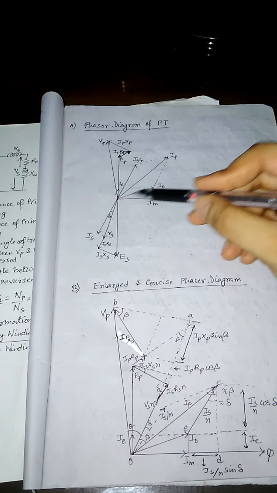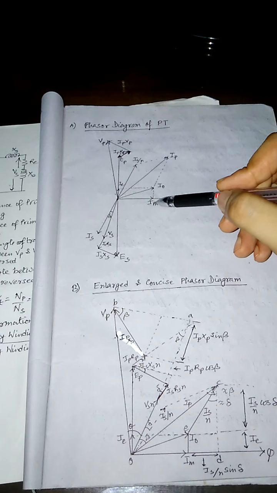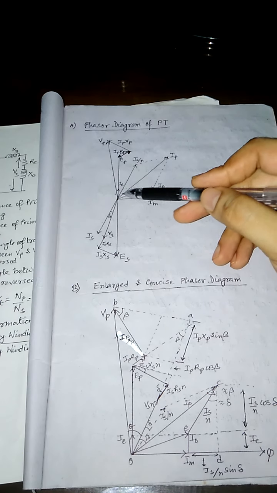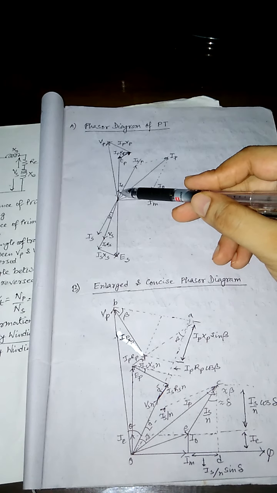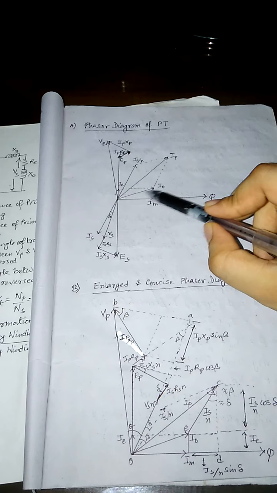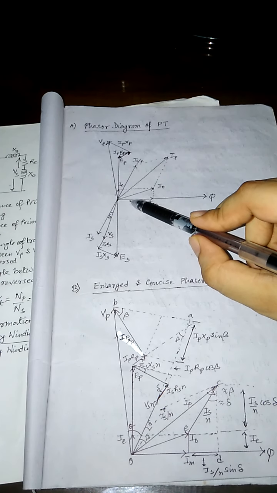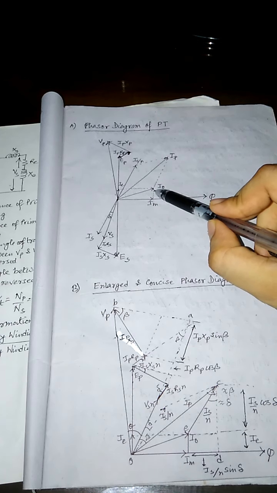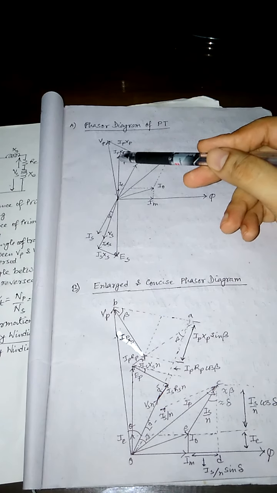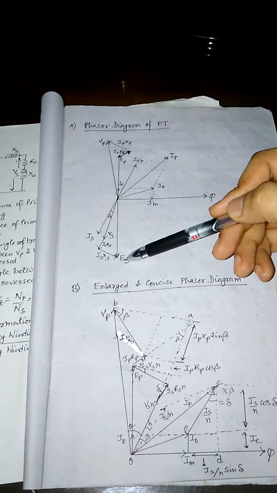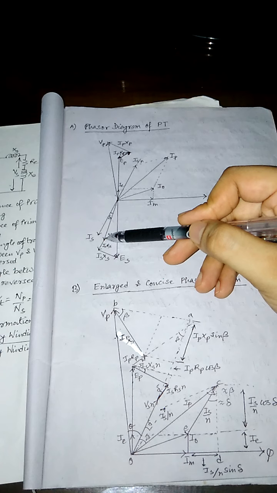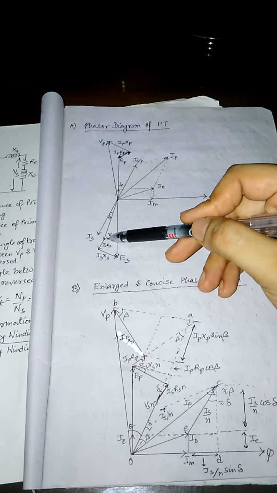Im is the component of I0, the exciting current, and IE is the loss component of the exciting current. This is the primary voltage Ep and that is the secondary voltage Es, and this is Vs, the terminal voltage of the secondary winding.